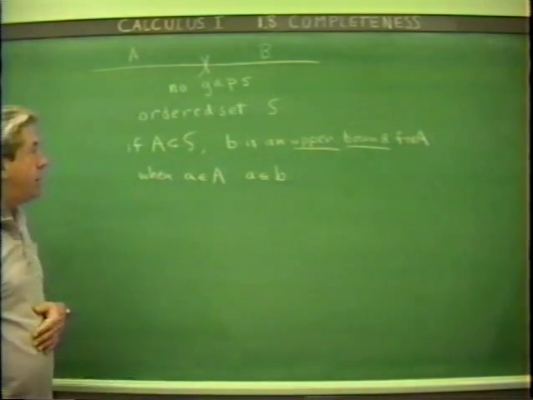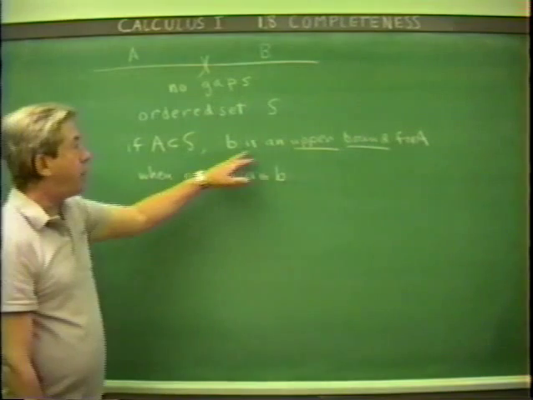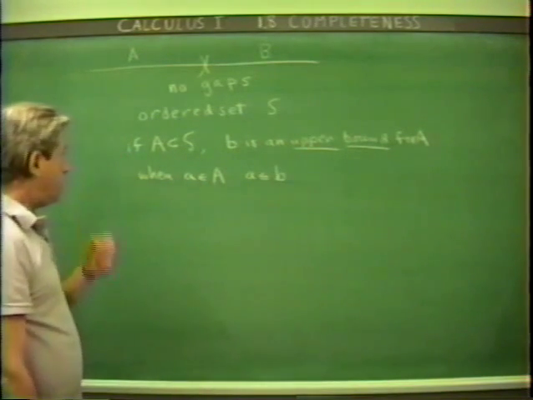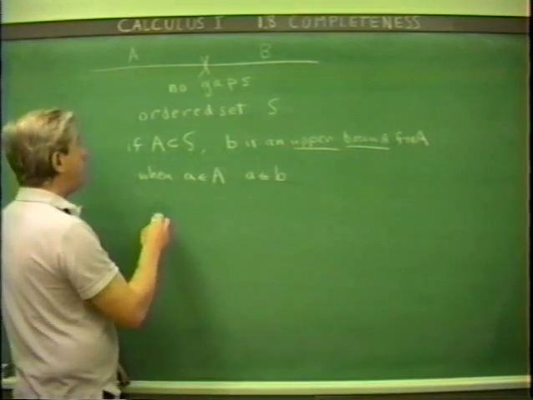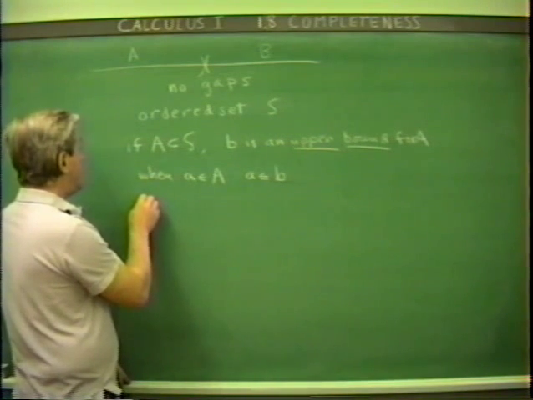What it has to do is it has to be larger than or equal to every element in A. In that case, it's called an upper bound for the set A.